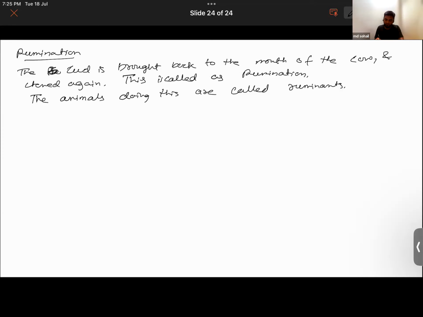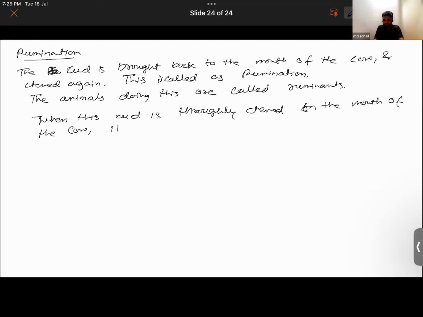Now I'm writing over here that when this curd is thoroughly chewed in the mouth of the cow, it is re-swallowed, and this time the chewed food will not go back to the rumen.